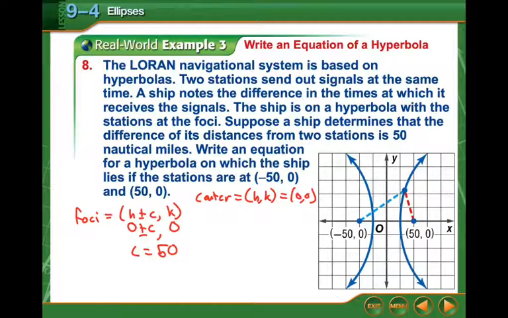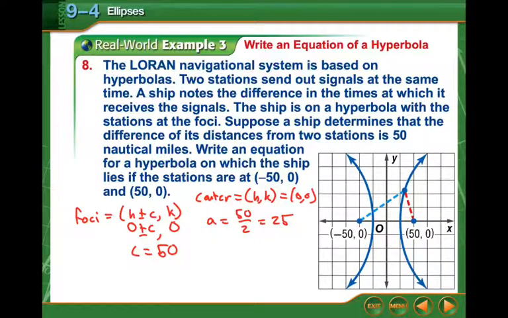Using that 50, we know that a is going to be 50 divided by 2. The difference in the distance between the 2 stations is half of that, so 25. That's our a. So now we have a and c, we just need to find b, so we can make our equation.